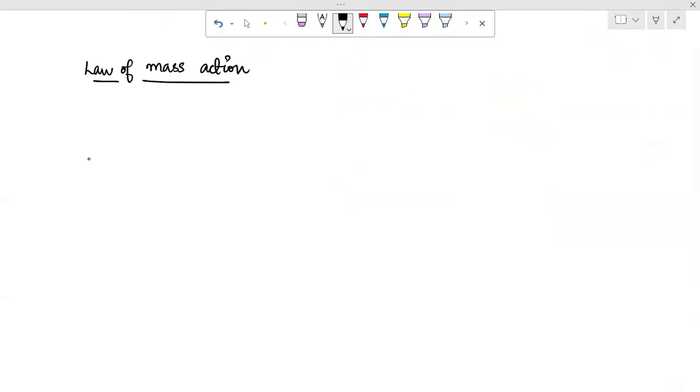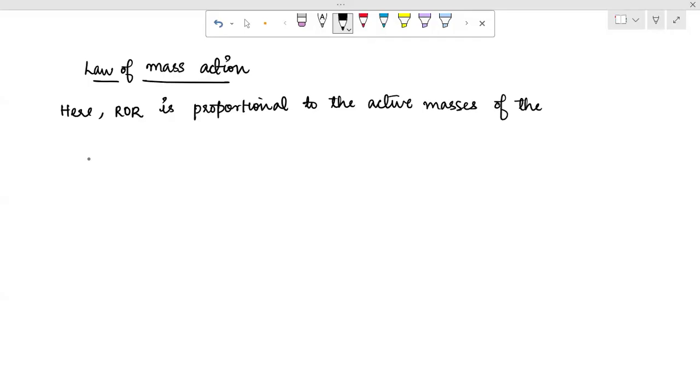Okay. So if you want, you just note it down here. Rate of the reaction, ROR, is proportional to the active masses of the reactants.